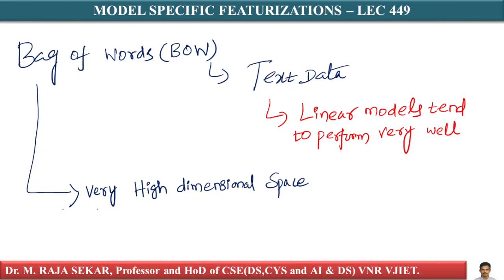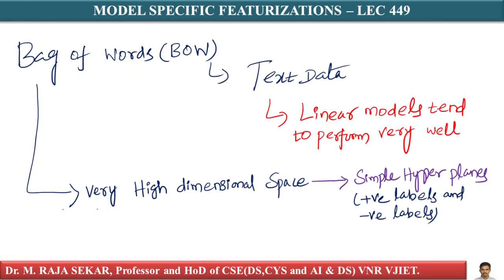As we have seen, when we learn linear models in a very high dimensional space, you tend to have simple hyperplanes. In high dimensional spaces, you can easily separate your data into positive and negative class labels.